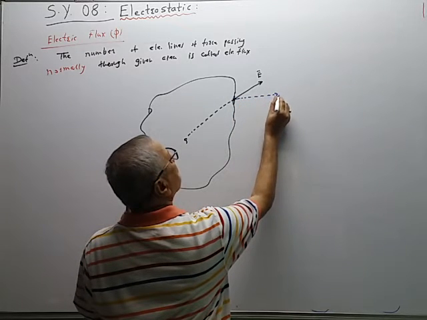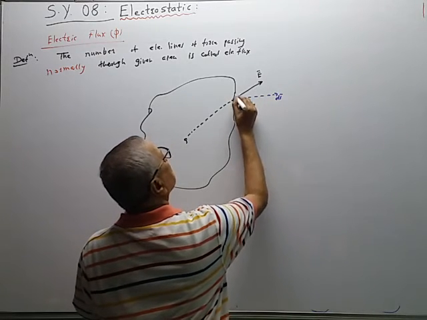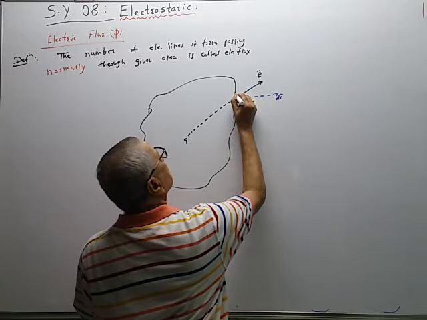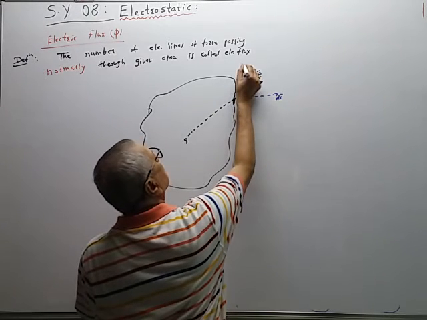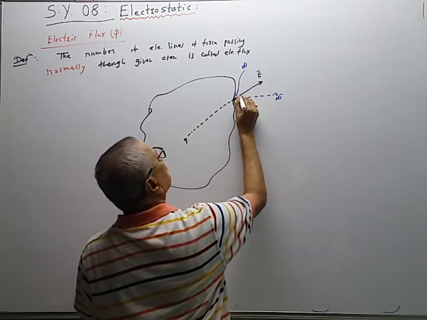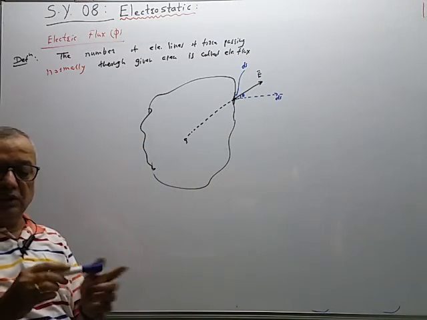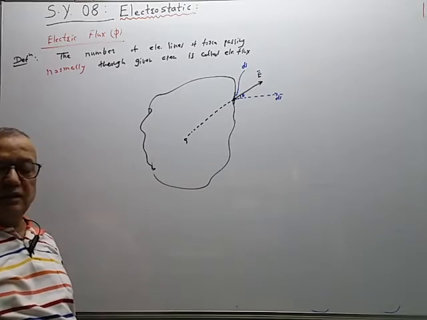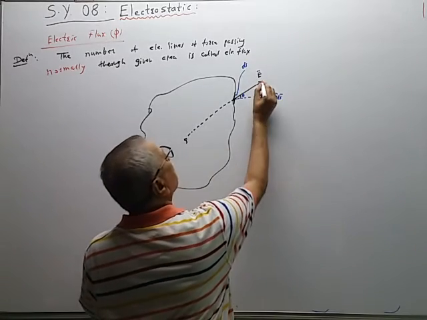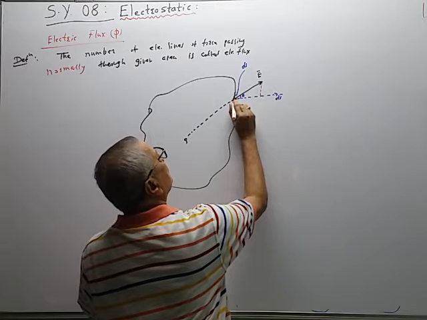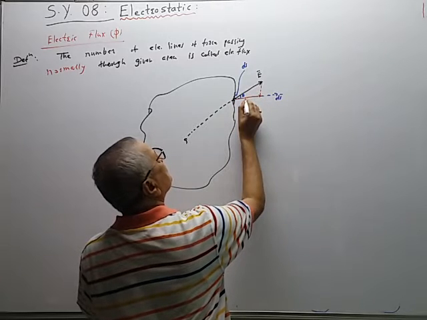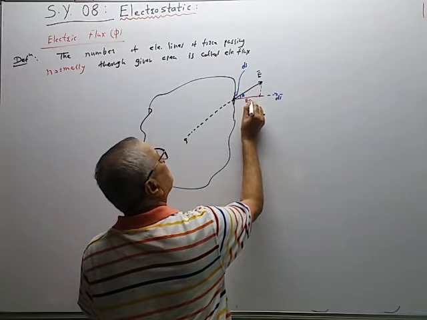Area vector is always drawn perpendicular to the area. This is a given area ds. This angle is theta. So if we consider a component, this is the component of E normal to ds, E cos theta.